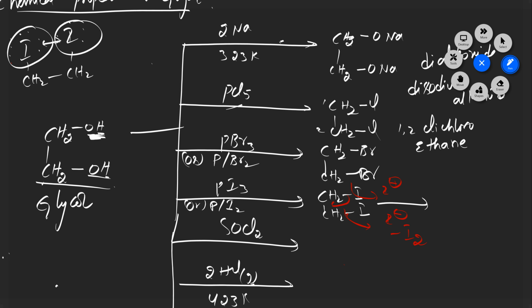Minus I2. By the reaction of these positive and negative, it forms an iodine molecule. What forms here? A double bond is formed between the carbons. Alkene is formed when glycol reacts with PI3.